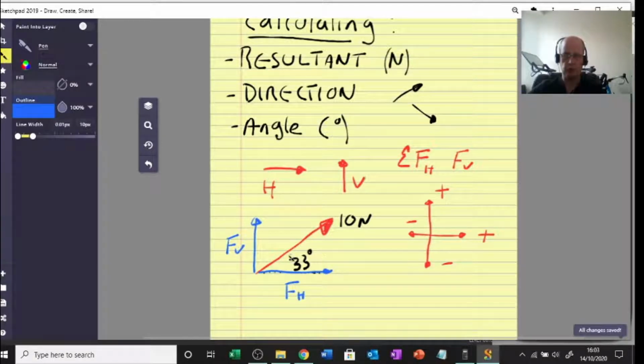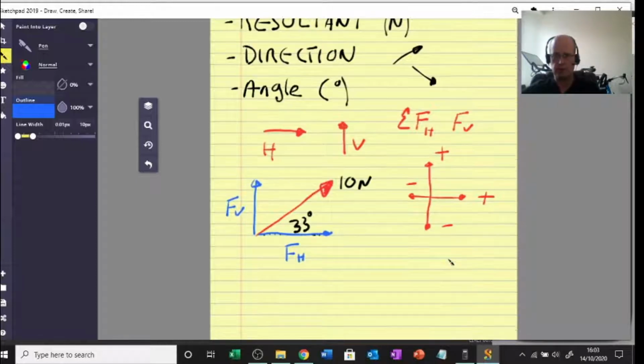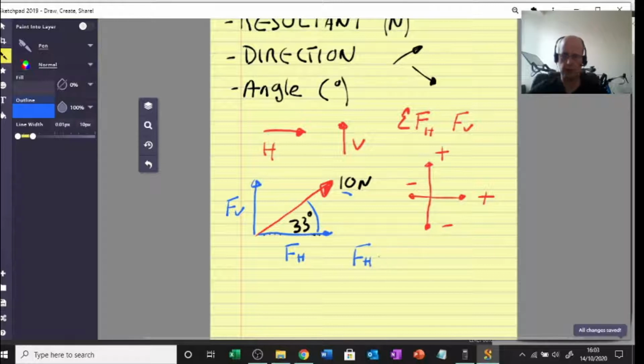Now, I've shown how this works in a previous video on my YouTube channel. But at the end of the day, this is what you need to do. Using this angle from the horizontal and this force, if I want to find the horizontal force, I'm going to be doing F cos theta.